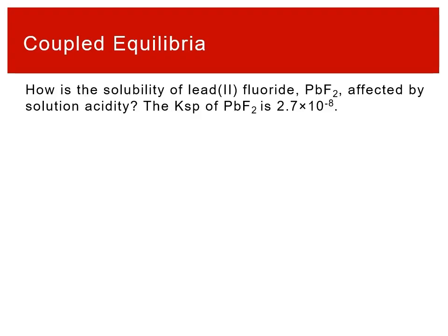How is the solubility of lead-2 fluoride, PbF2, affected by solution acidity? The Ksp of PbF2 is 2.7 times 10 to the negative 8th. All right, so I want to know how the chemistry of lead-2 fluoride dissolving is affected by acidity.